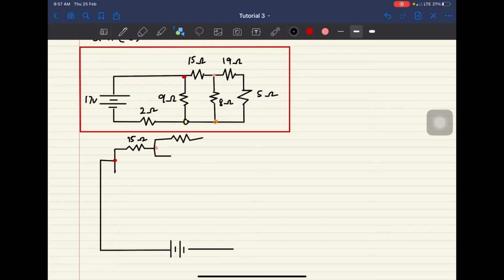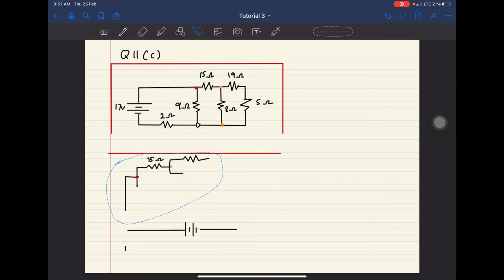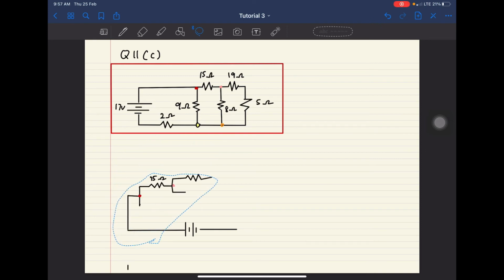So the 19 one, saya rasa saya buat ni tinggi sangat, so dia tak muat. Alamak, terikut lah. Okay. Ke mana tadi?